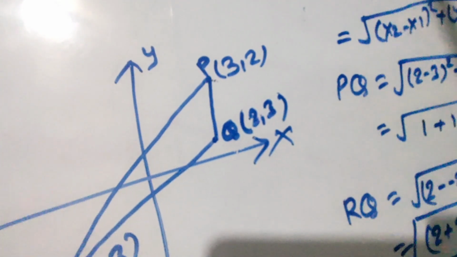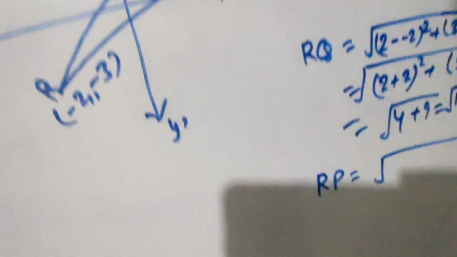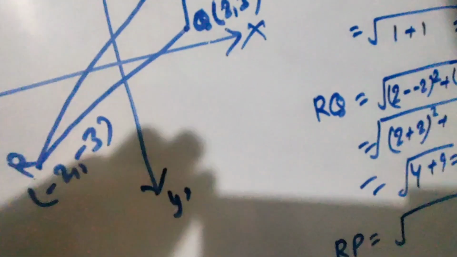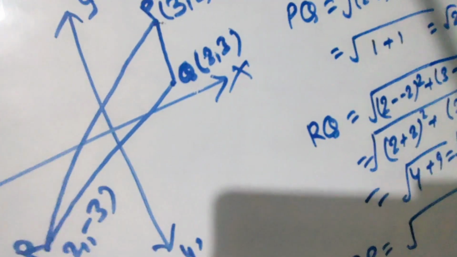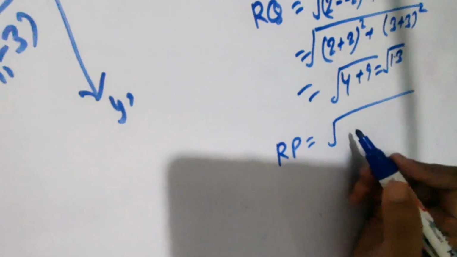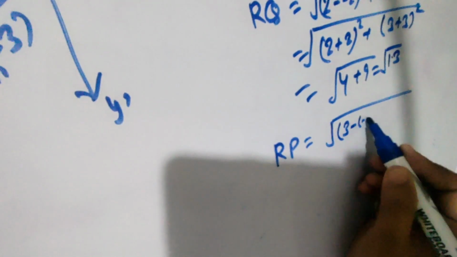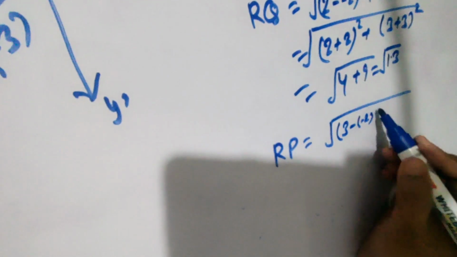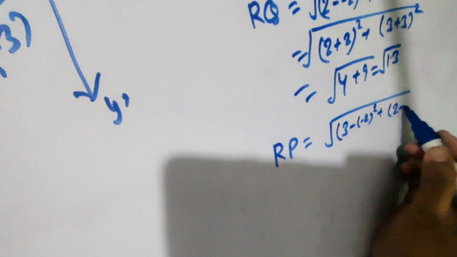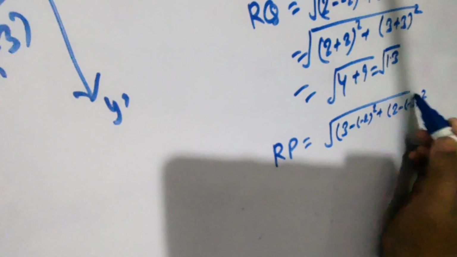Then find out RP. Again find RP, with 3 minus negative 2 square plus 2 minus negative 3 square.